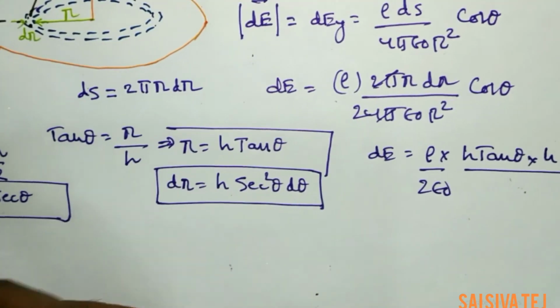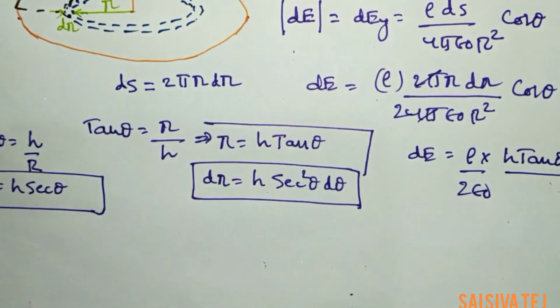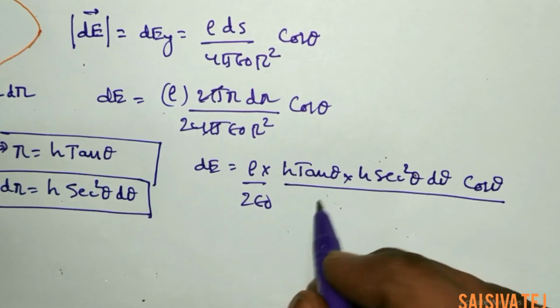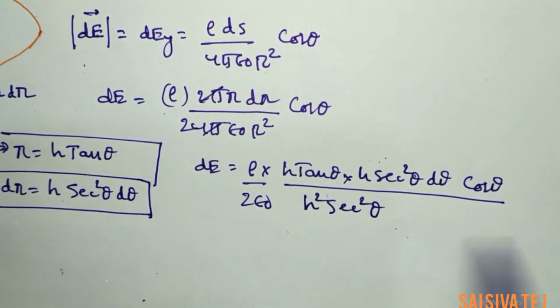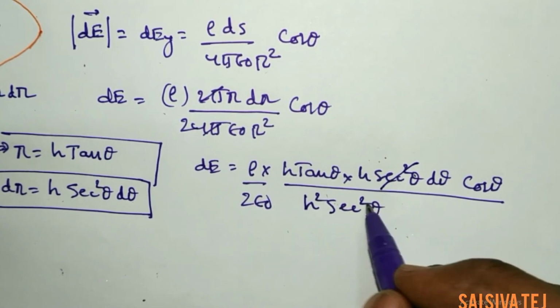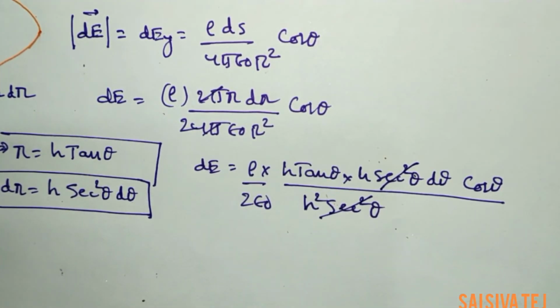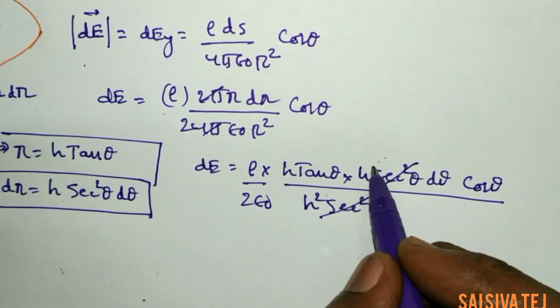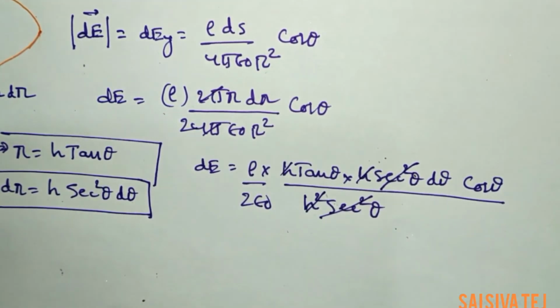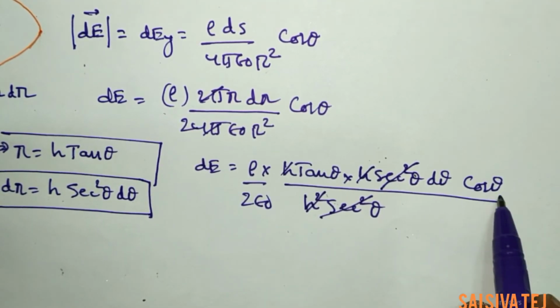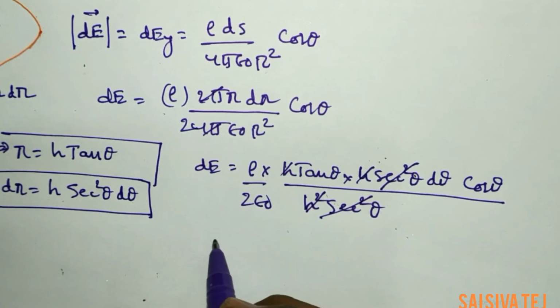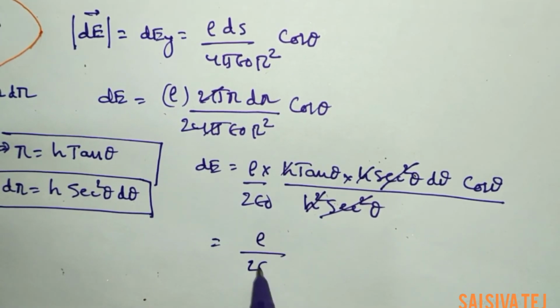R is h secant theta, so r square gives us h square secant square theta. So here secant square theta gets cancelled, h into h square gives h square, and we know that tan theta is sin theta by cos theta. Already we have got one cos theta, so we will be left over finally with rho by 2 epsilon naught into sin theta into d theta.